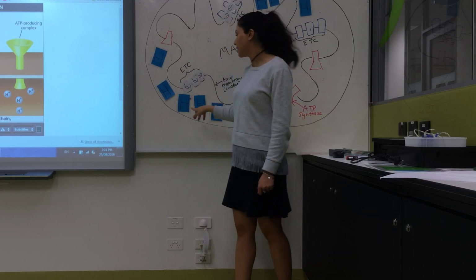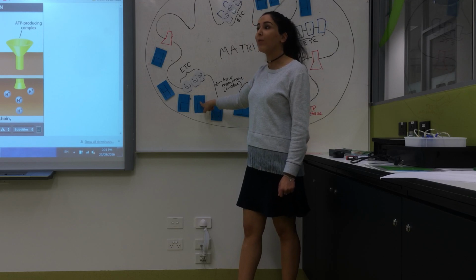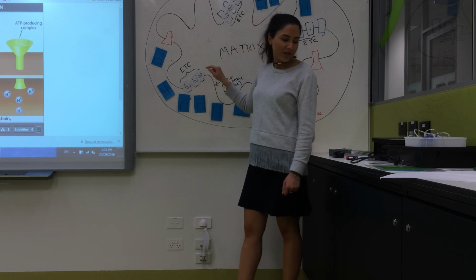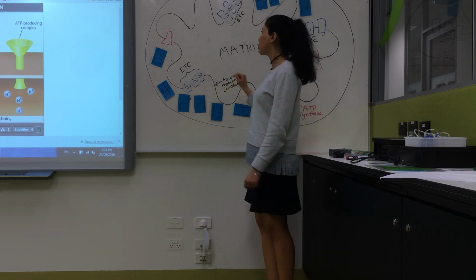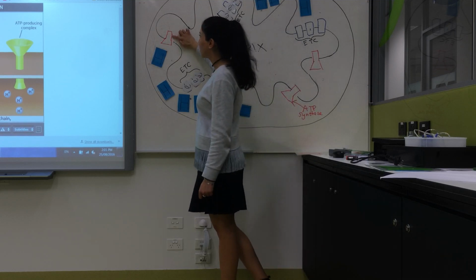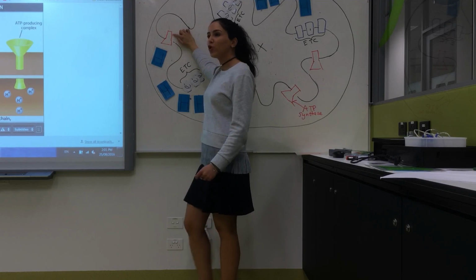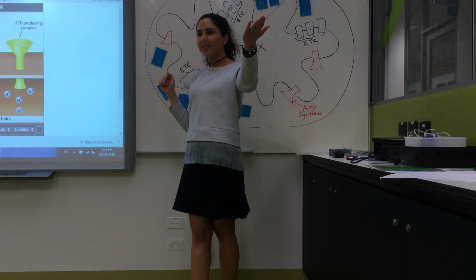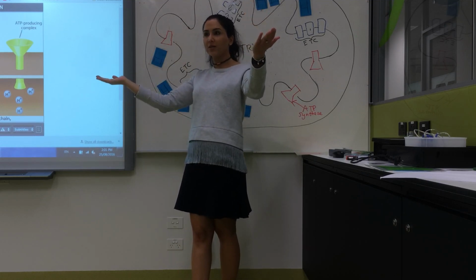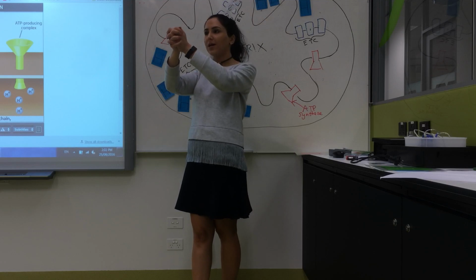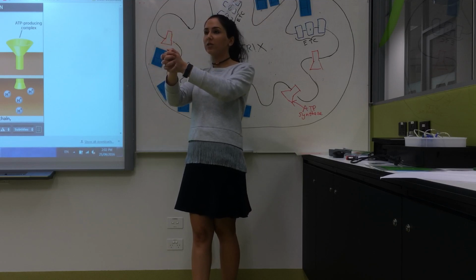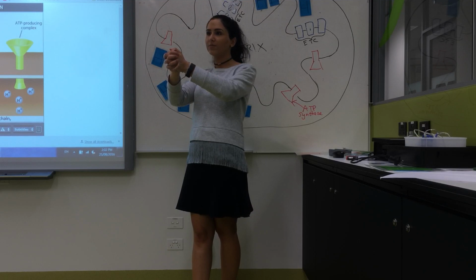The only way that these hydrogen protons can go back into the matrix is through a very special protein called ATP synthase, drawn here in red. ATP synthase will join together ADP and phosphate to make ATP. And you can find the ADP and the phosphate throughout the mitochondria.